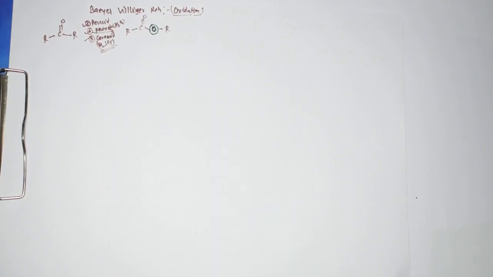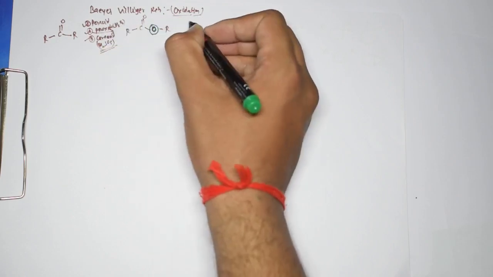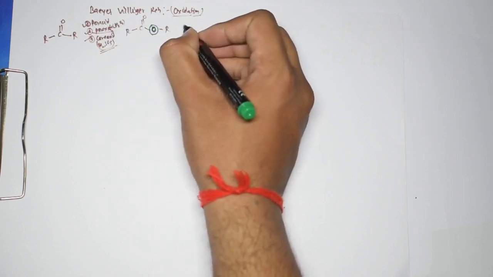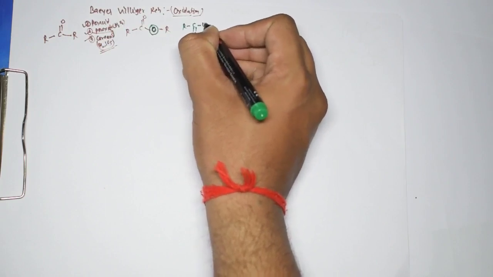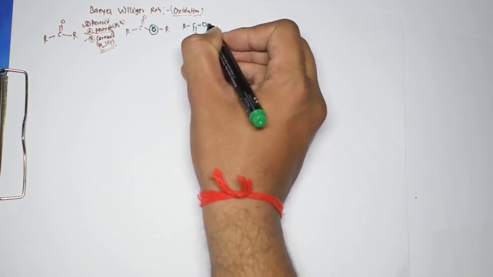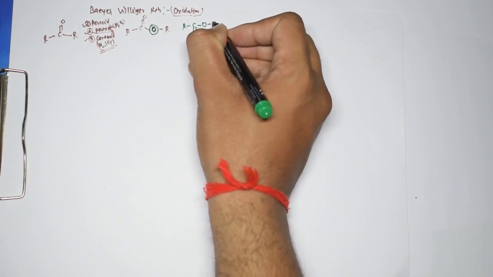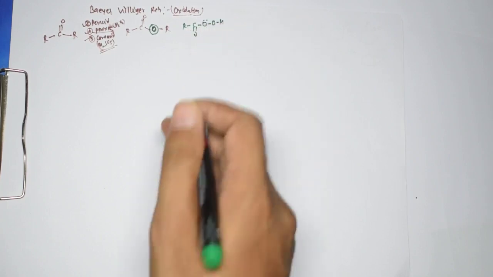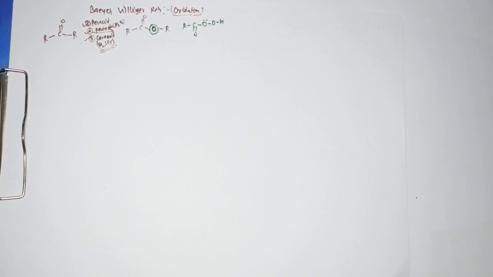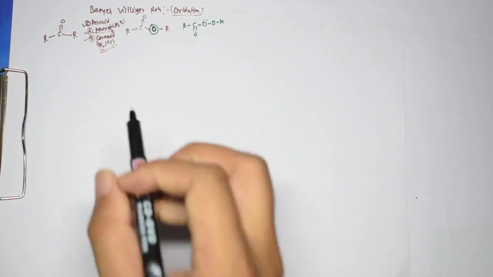First, let's see one example of peracid. What is peracid? In carboxylic acid we have RCOOH, right? So here we will have something like this, one extra oxygen present in the acid. Now let's see how the mechanism proceeds.